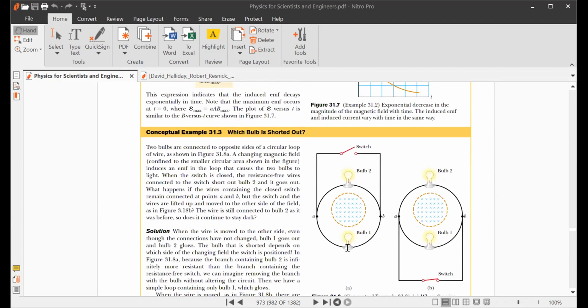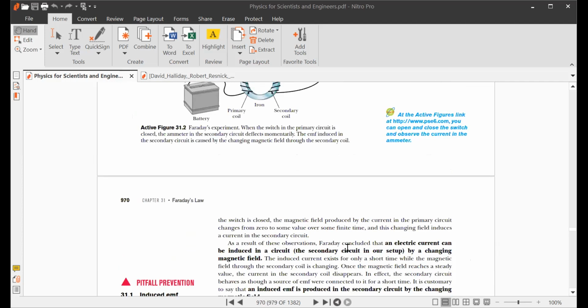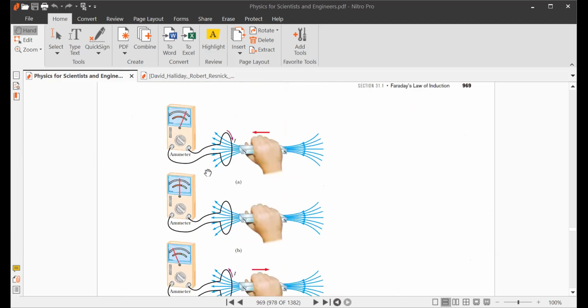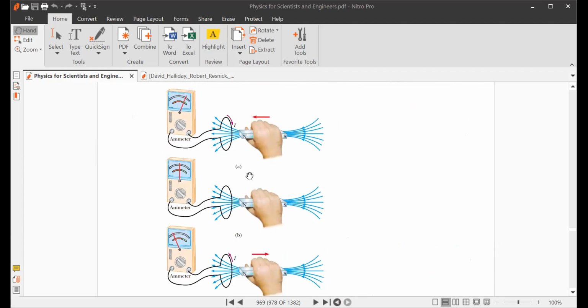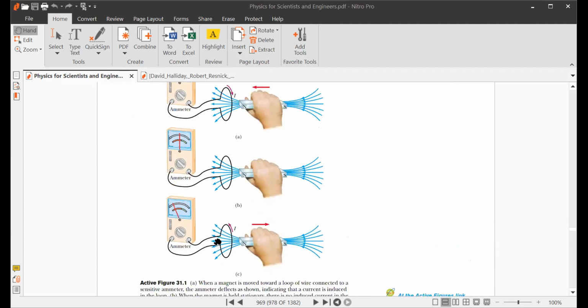Oh, I forgot to tell you, in the first picture above here, figure 31.1a, it means that the flux becomes stronger, okay. So the flux increases. In this case, the flux is decreased, okay.